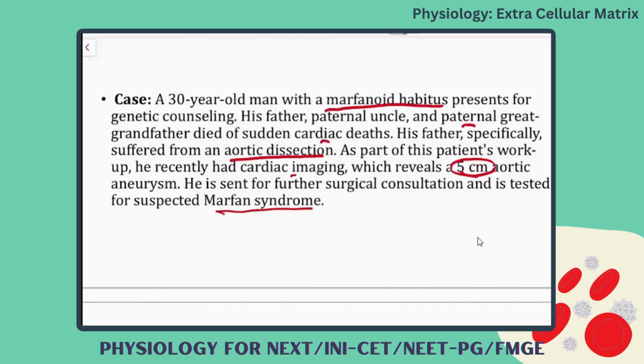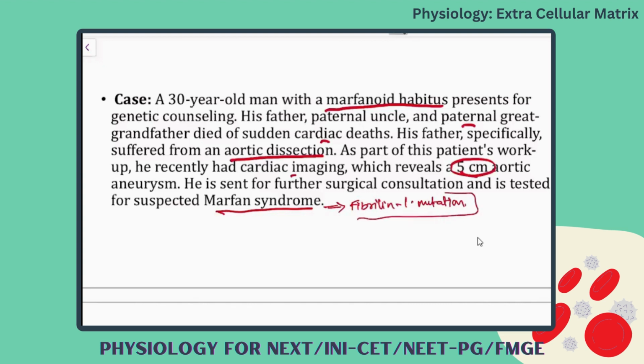So what is Marfan syndrome? Any idea? Increased elasticity. Then, Marfan syndrome is mainly due to a fibrillin 1 mutation. What is the role of fibrillin? It has a major role in the zonular fibers, blood vessels, all those things.